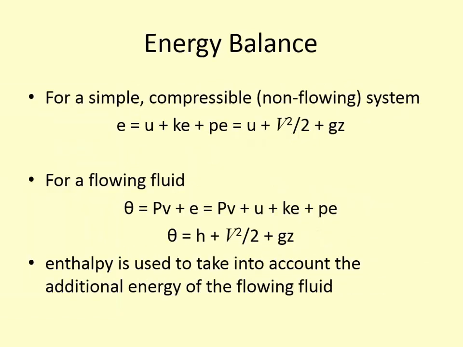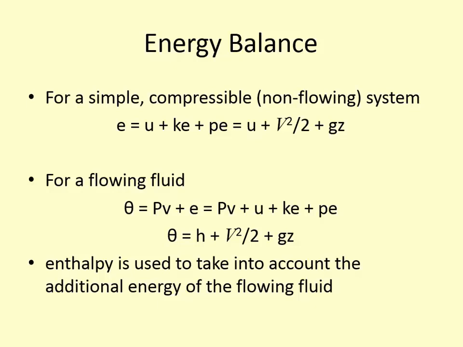So for a simple compressible system, that would just be the closed systems that we've been analyzing up to this point, we found that the energy is just equal to the sum of the internal energy and kinetic energy and the potential energy. So that's the energy in a system. But for a flowing fluid now we have this additional flow work term.